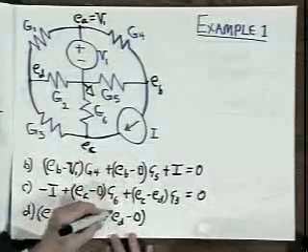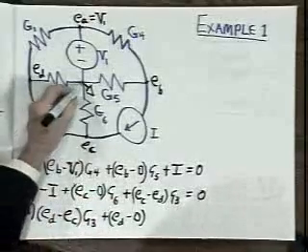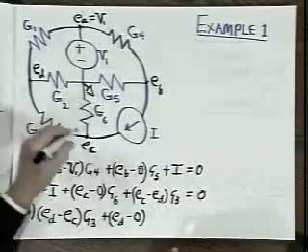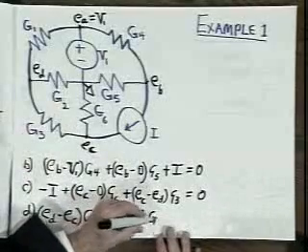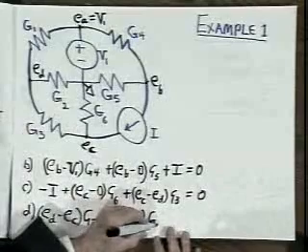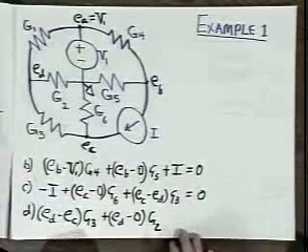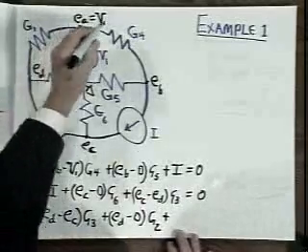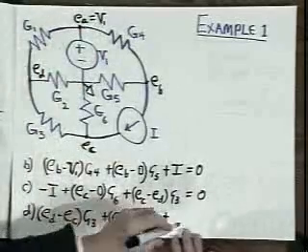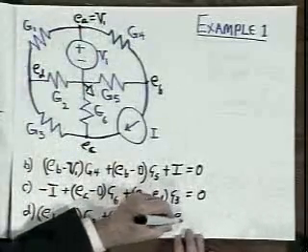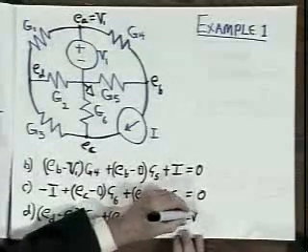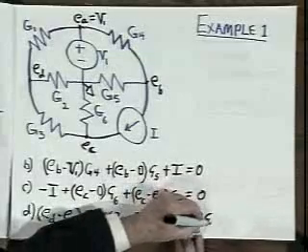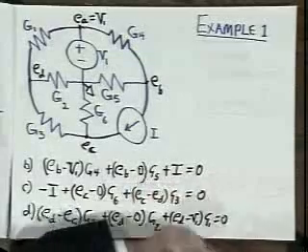I'm showing the 0 in all these cases to emphasize that the voltage here is 0. But as you work these problems, you would just write E sub D times G2, not being concerned with expressing the 0 there. And then finally, E sub D minus E sub A, which equals V1, times G1. So it's E sub D minus V1 times G1 equals 0.